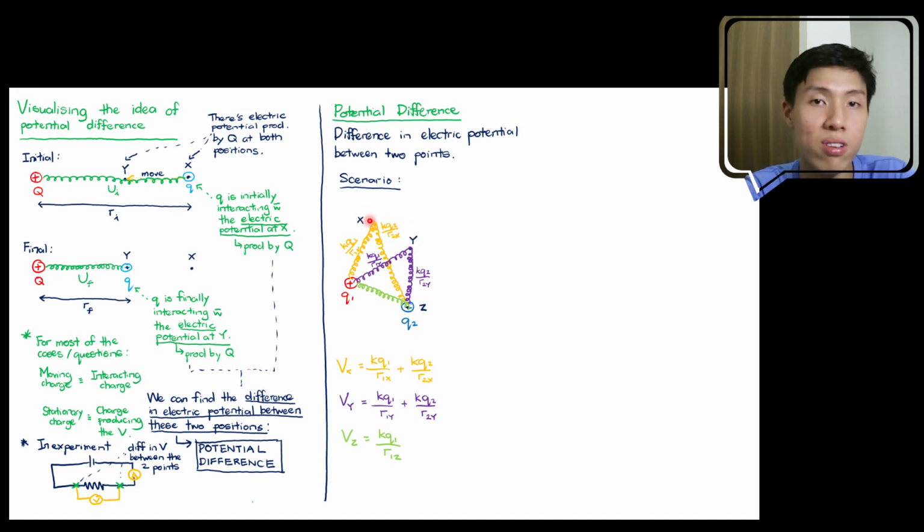So I can find the difference between X and Y, Y and Z, or X and Z. What I'm going to talk about is the confusion that many students might have when we talk about potential difference, because the wording that the question uses can be confusing. So here I'm going to give you a few examples of the wording we usually use when we ask about potential difference, so you can know clearly what steps you should do to find the difference in electric potential.